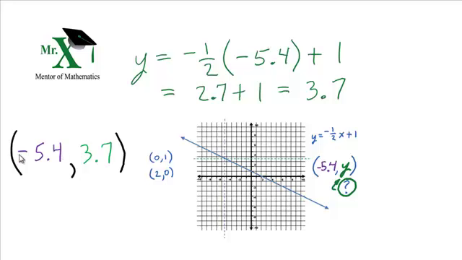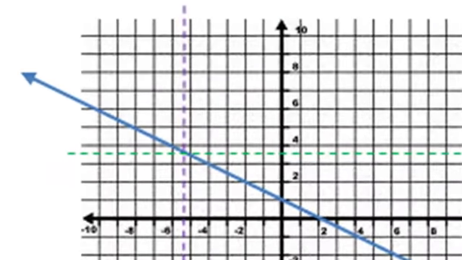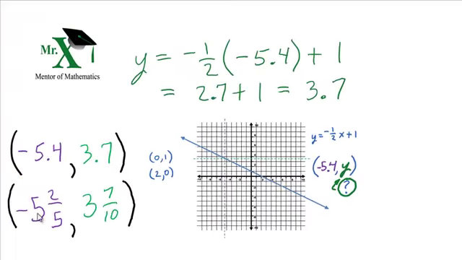When x is negative 5.4, y is equal to 3.7. And if your teacher doesn't like decimals as much as fractions, these are equivalent. Negative 5 and 2/5 is the same as negative 5.4 or negative 5 and 4/10.